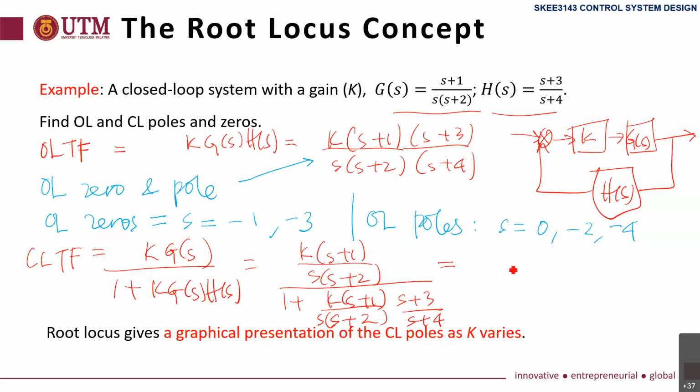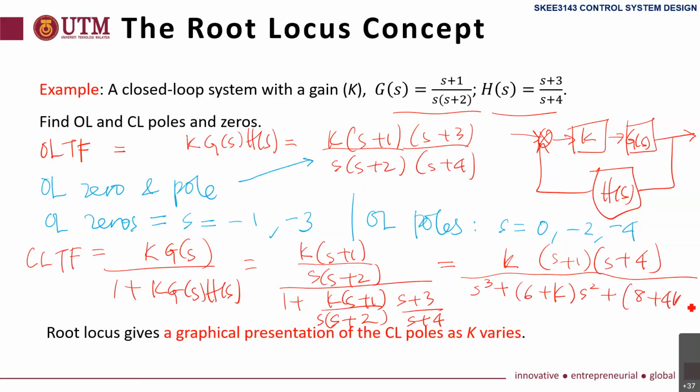And if you solve, you will get K (S plus 1)(S plus 4) over the denominator, which is quite long: S cubed, plus (6 plus K) S squared, plus (8 plus 4K) S, plus 3K.